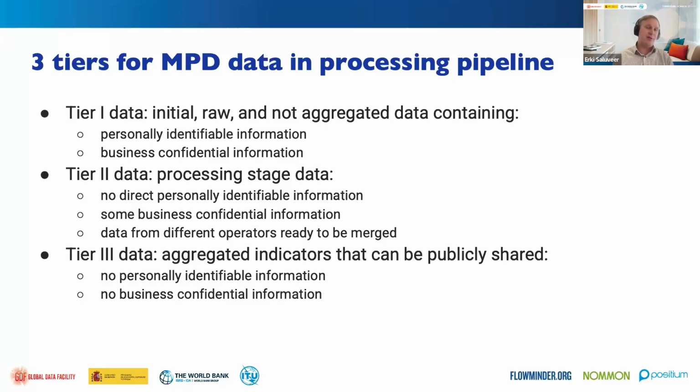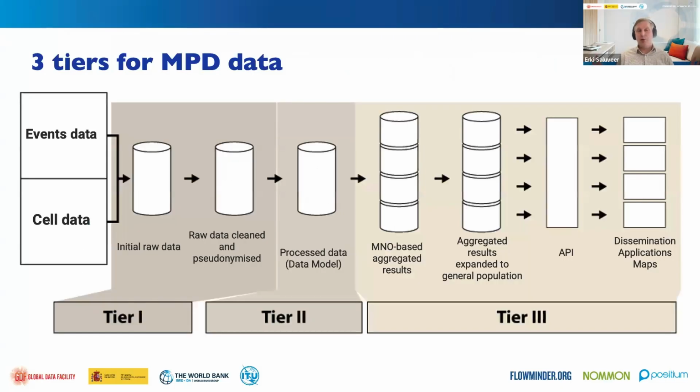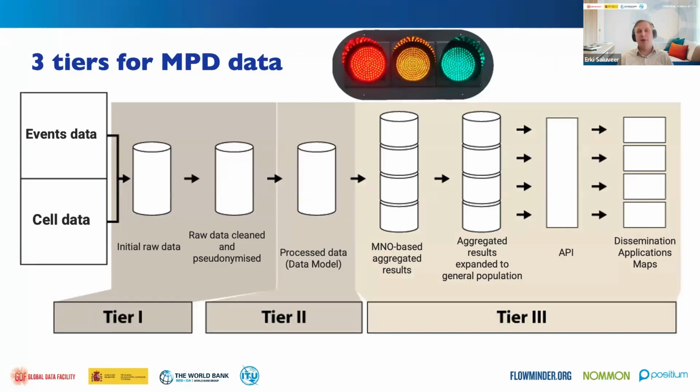And the tier 3 data is when the data is already aggregated, so no personally identifiable information is available and no business confidentiality information is revealed. If we look at the tiers in the data processing pipeline from left to right, then we can apply this traffic light system for each of those tiers.